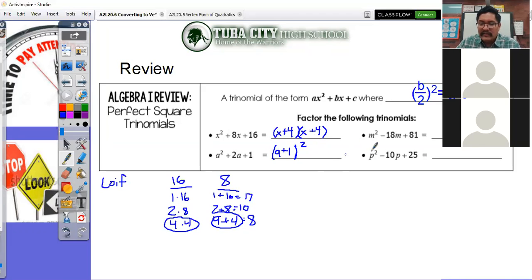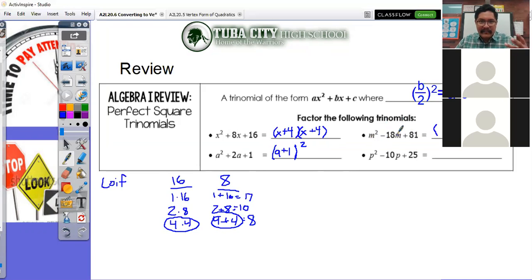All right, so let's go ahead and try another set. So I'm going to do the double parentheses again. Now, 81, so we're trying to multiply two numbers to get 81. And again, this is just FOIL, but backwards. If you remember FOIL, you have to multiply first numbers and then outside numbers and then inside numbers and then last numbers and add them together and you get something like this.